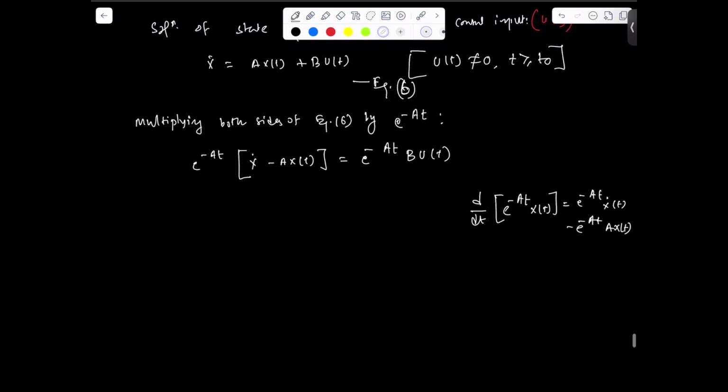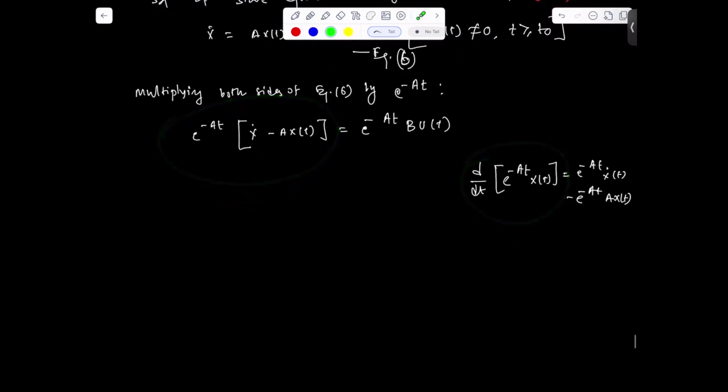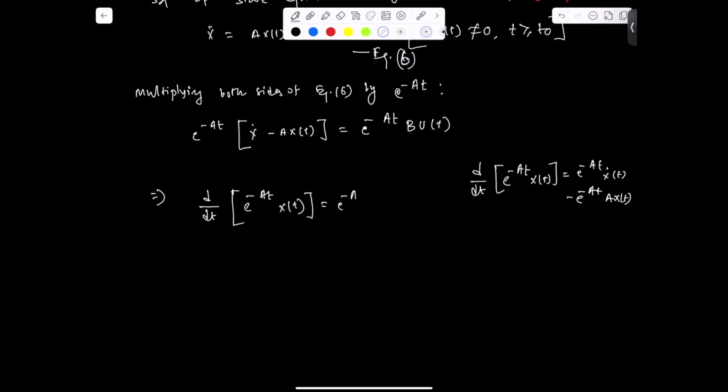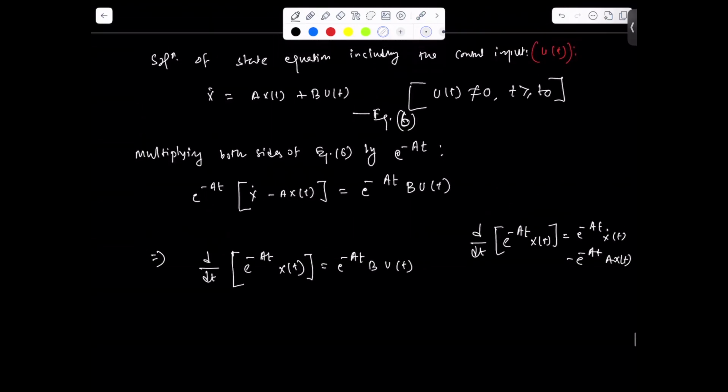Now we can substitute in this expression by this term. So if you substitute this term here, we can write d by dt of e to the minus At x of t equal to e to the minus At B u of t. So now let us define this as equation number 7.